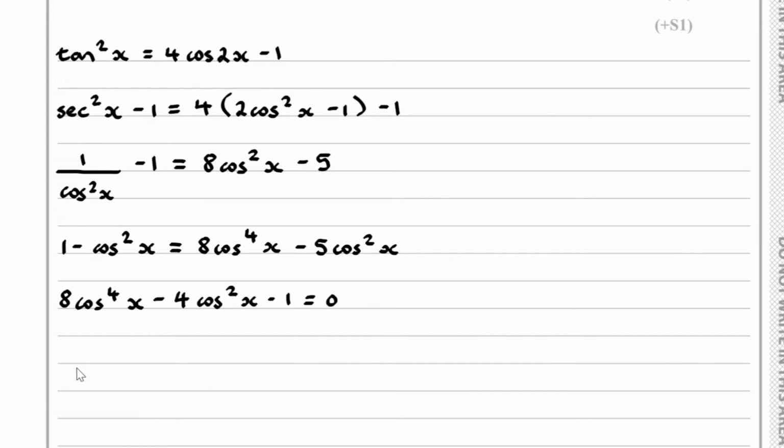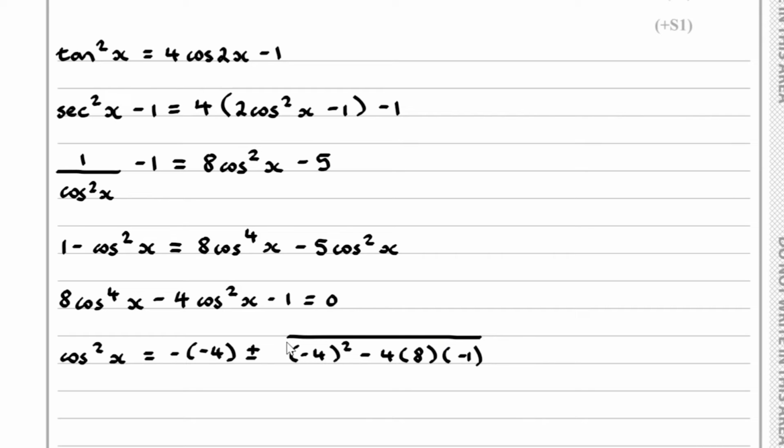And if I attempt to find what the value of cos squared x is, well, here I need to use the quadratic formula. I'm going to have minus 4 plus or minus the square root of 4 squared minus 4AC, divided by 2 times 8.